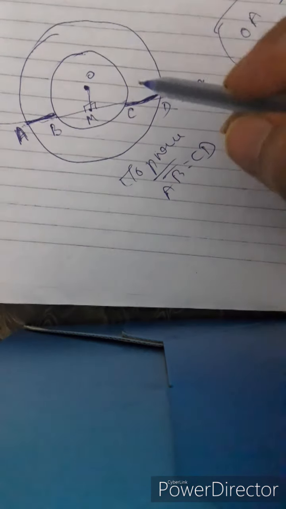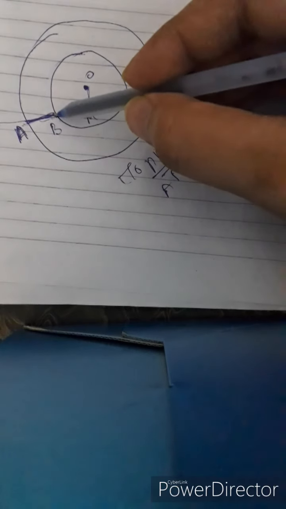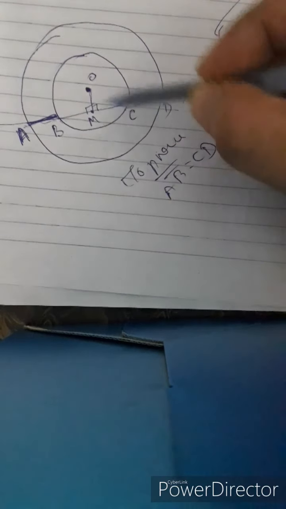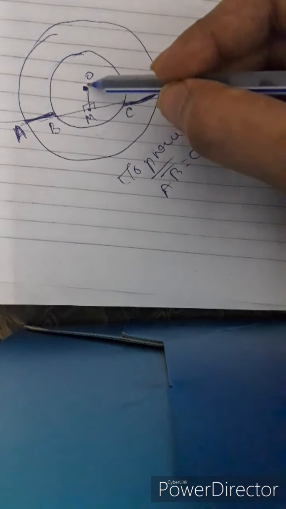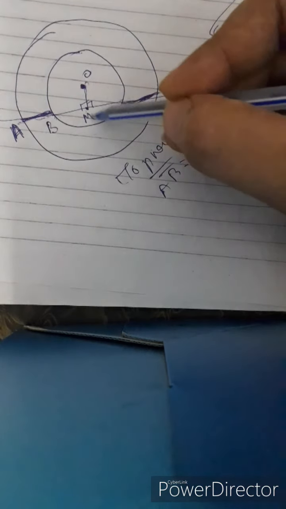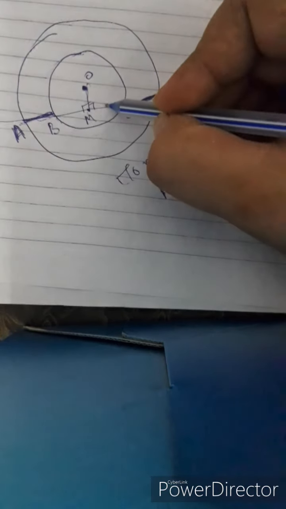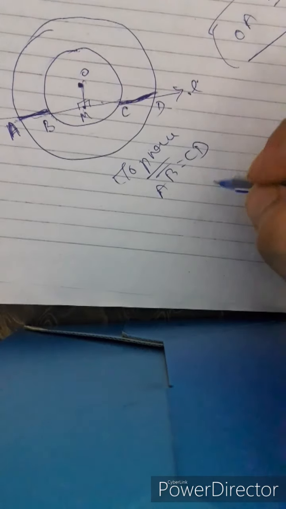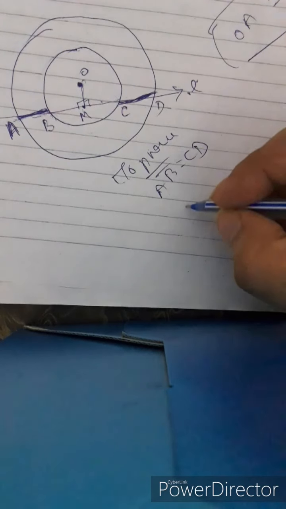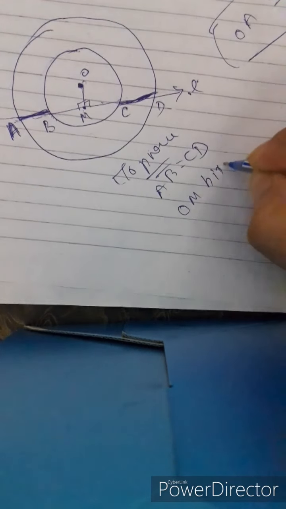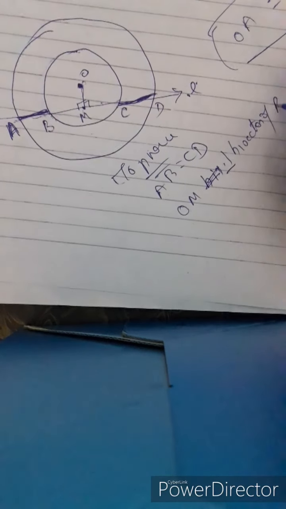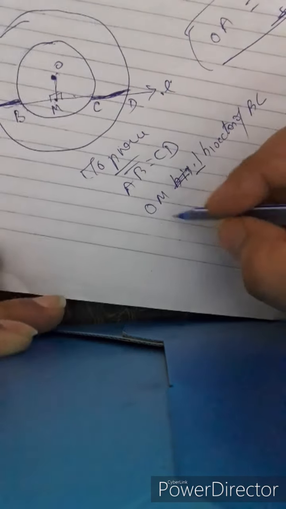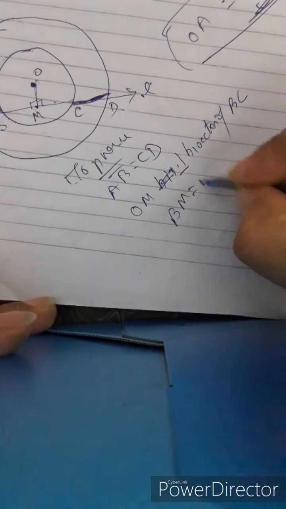So OM is the line joining the center of the inner circle to the chord BC, so OM becomes the perpendicular bisector of BC. So it bisects BC. Automatically BM equals MC. This is the first equation.